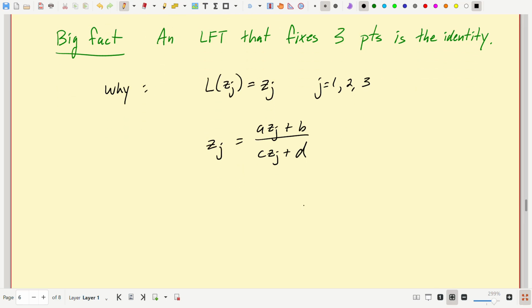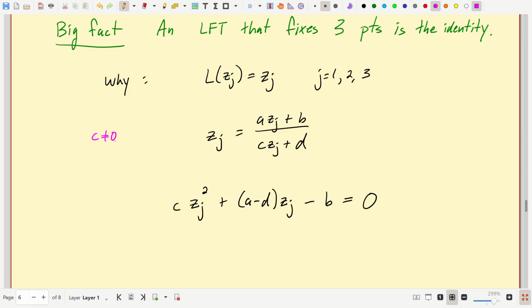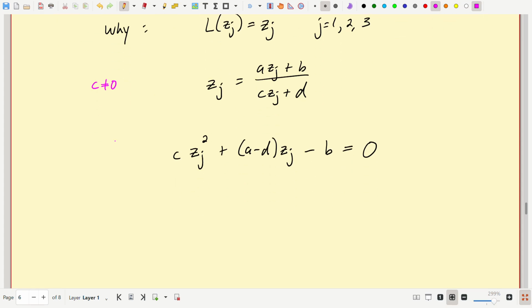When you try to solve for the Zj's now, you realize it's a quadratic equation. C times Zj squared plus (A minus D) Zj minus B is equal to 0. So I'm doing the case C unequal to 0 here. The C equals 0 case is even easier. And so I'm thinking that now, I've got a quadratic equation that has 3 roots.